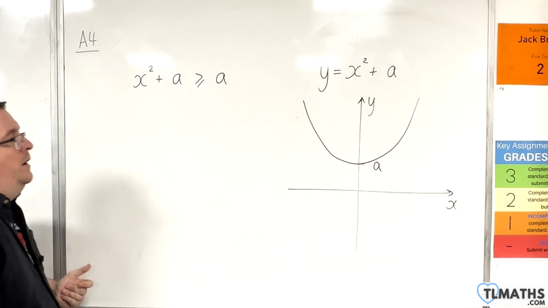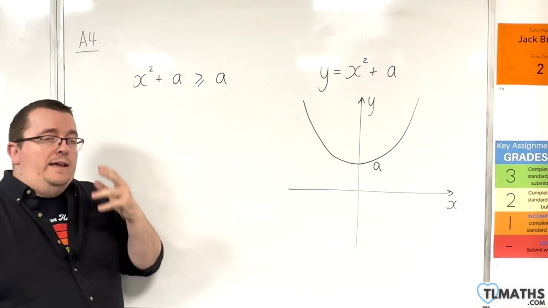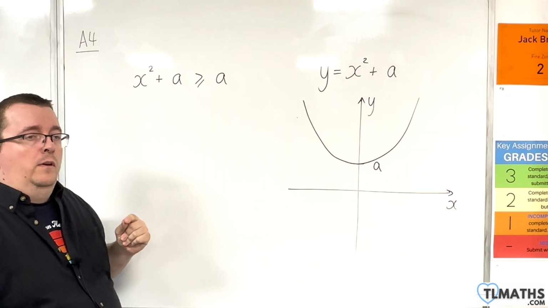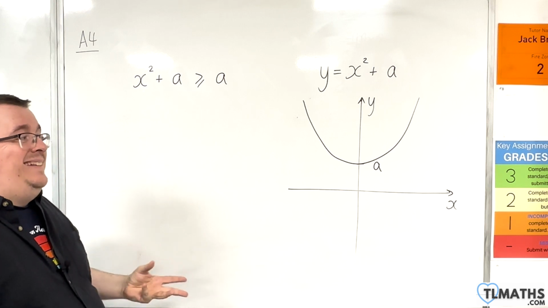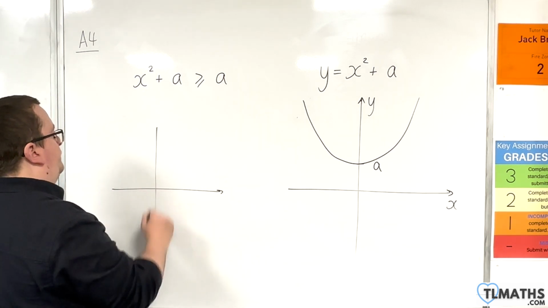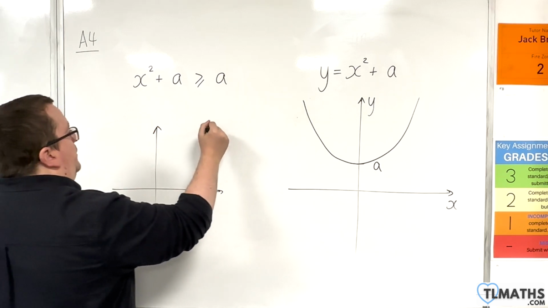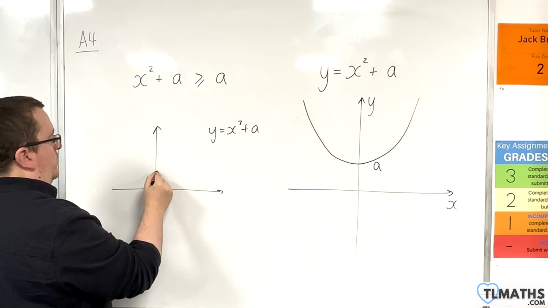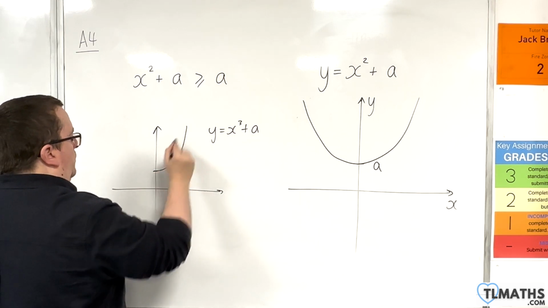Now, to be clear, this isn't true if you've got x cubed plus a. x cubed has a different shape. If you want to investigate that, y equals x cubed plus a would look like this.